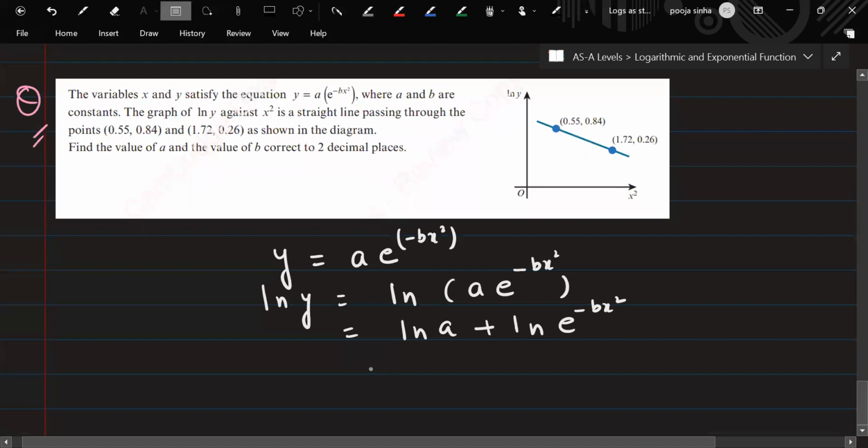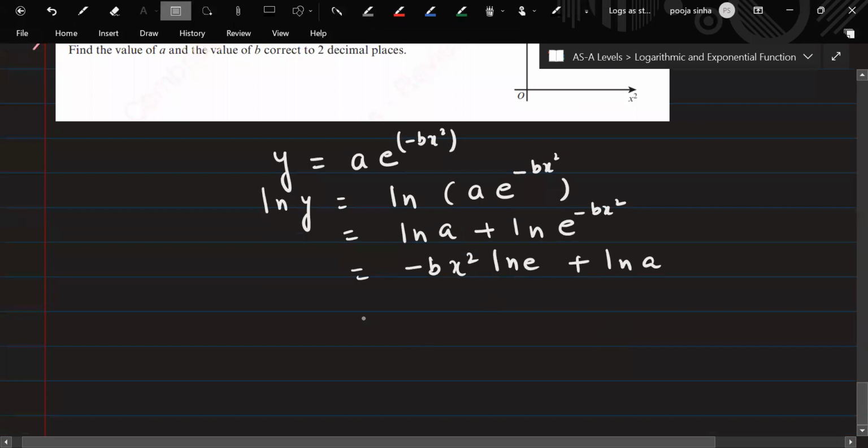Now, let me put this in the right form. So minus bx square ln e plus ln a. Ln e is 1, so minus bx square plus ln a is my equation.